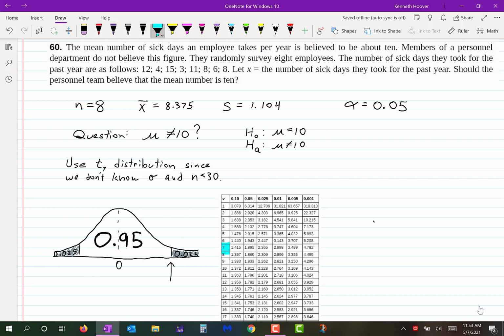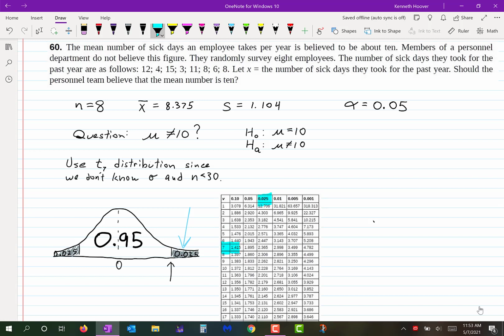This number here is 0.025, so I go across here to 0.025, which is right there.